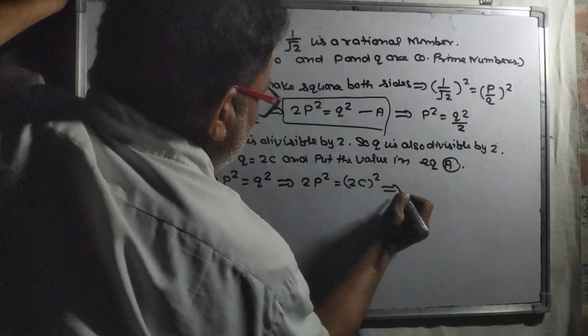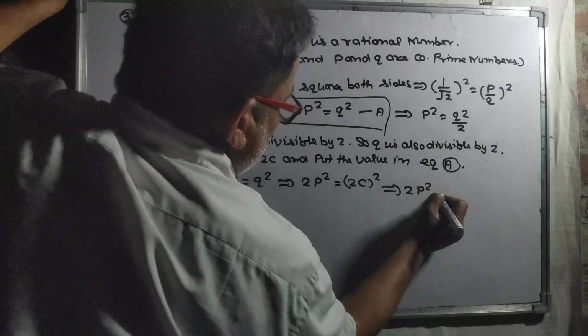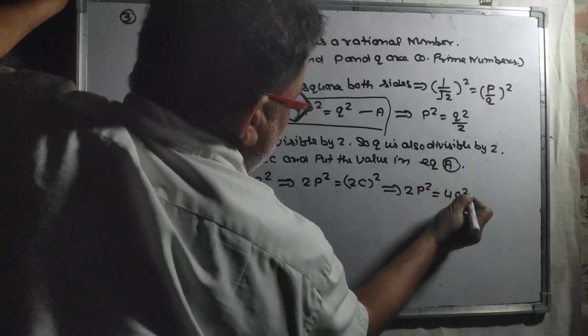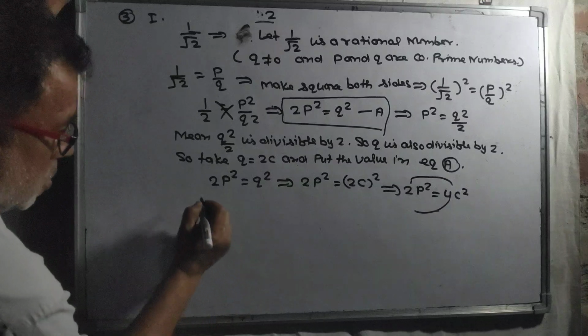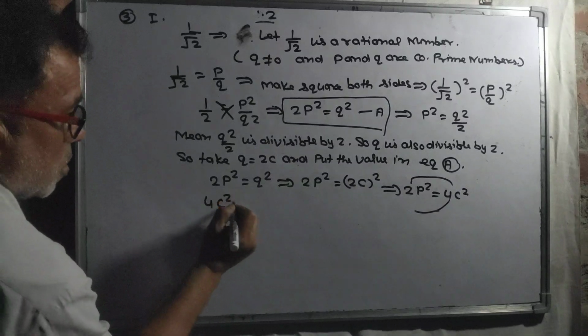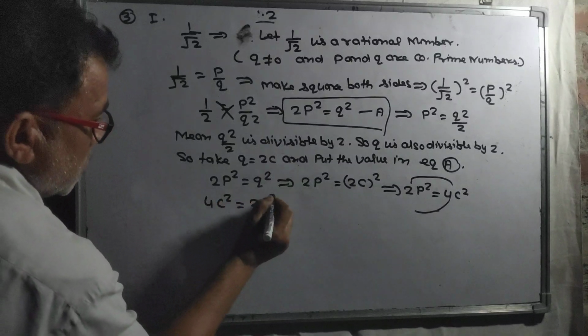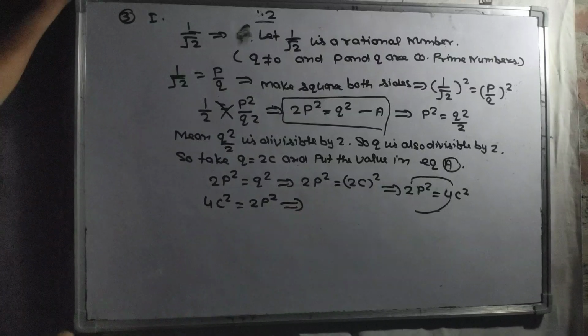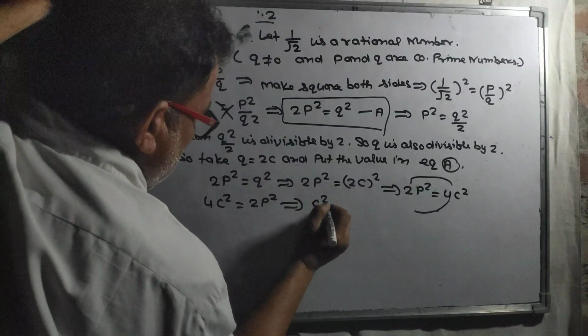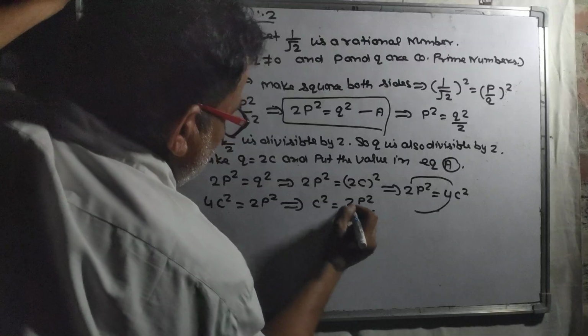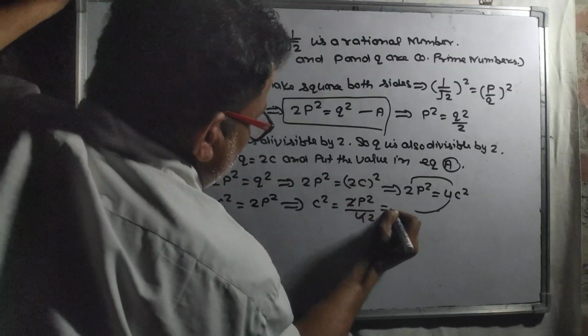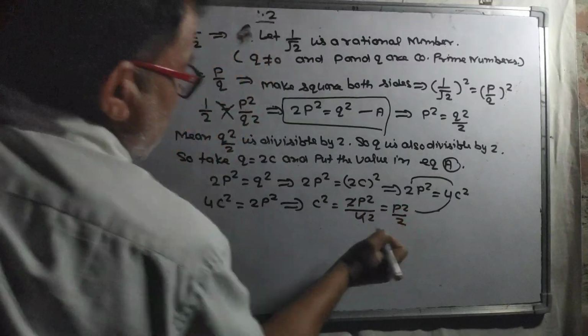It can be written 2p square equals 4c square. So c square equals p square upon 2.